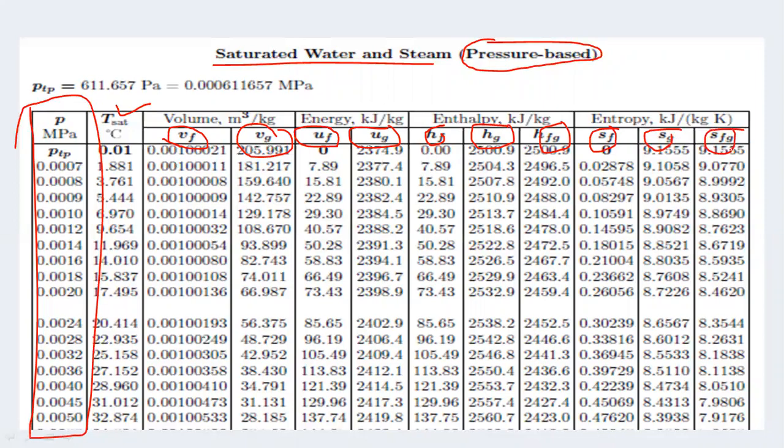So now in this pressure based table, the pressure is your reference value, and the things which you are identifying, you have to take from the steam tables for your calculation purpose.